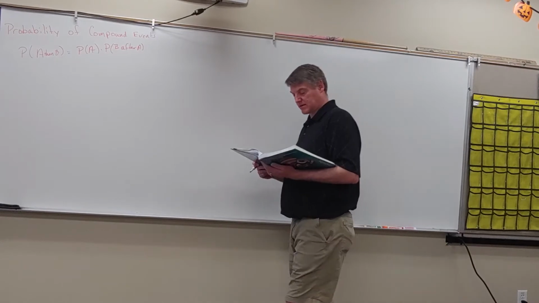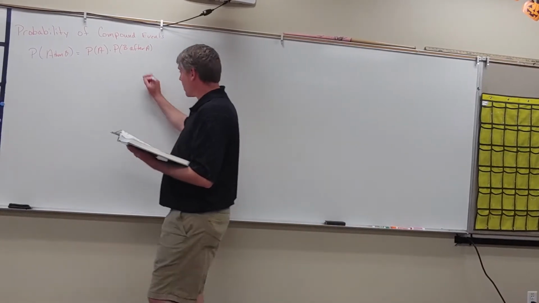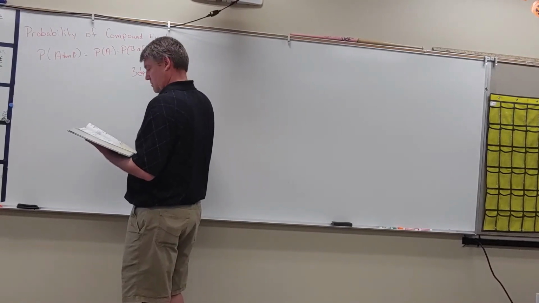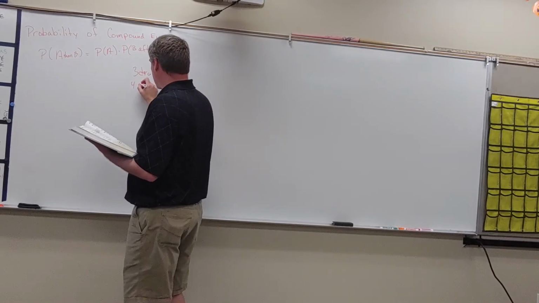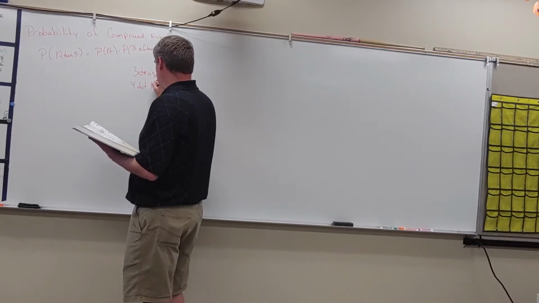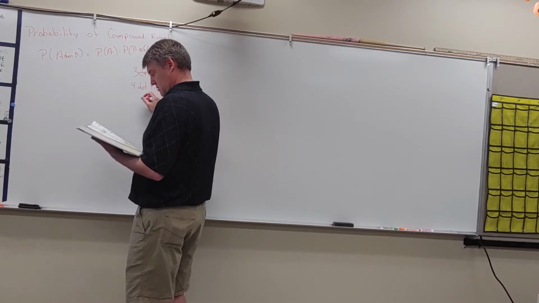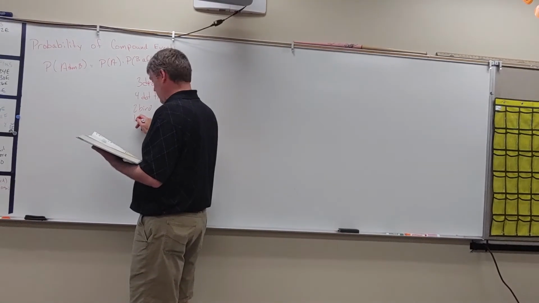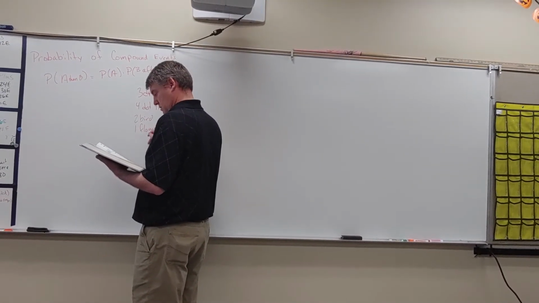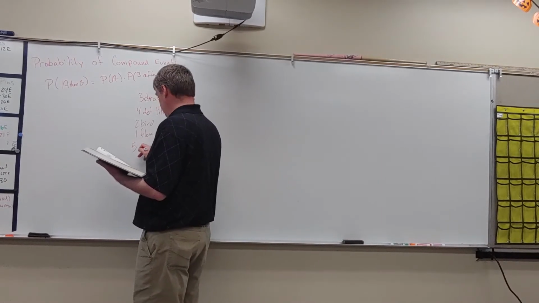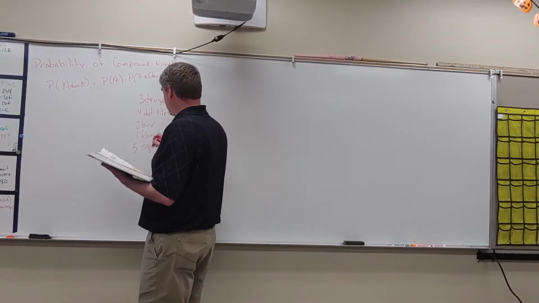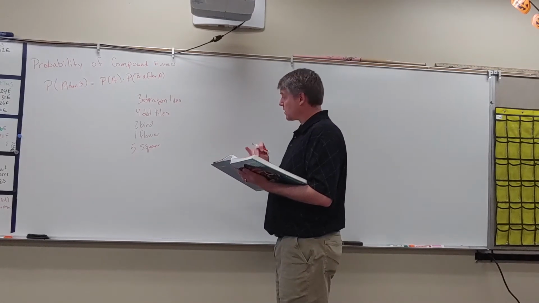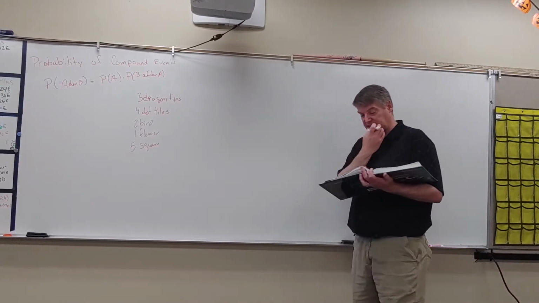If you don't have your book, there are 3 dragon tiles, 4 dot tiles, 2 bird, 1 flower, and 5 square. Okay? Should be 15 there. So there's 15 tiles.